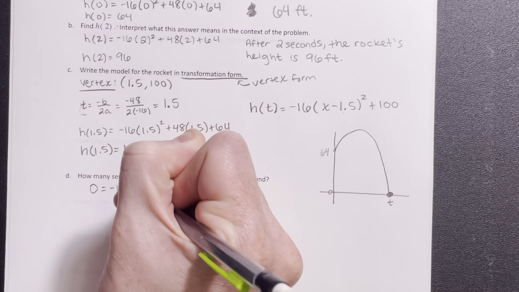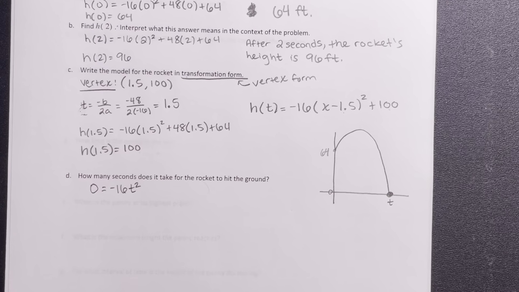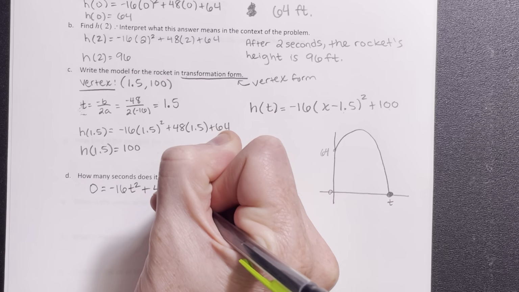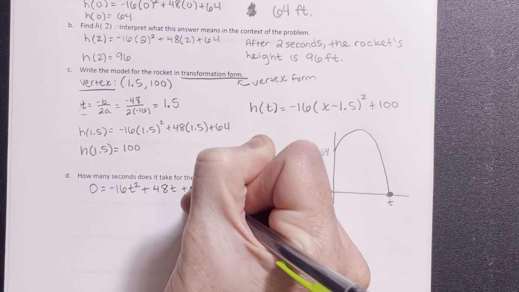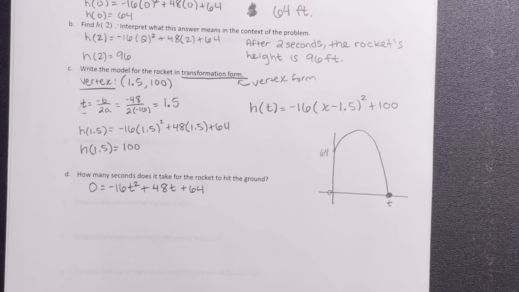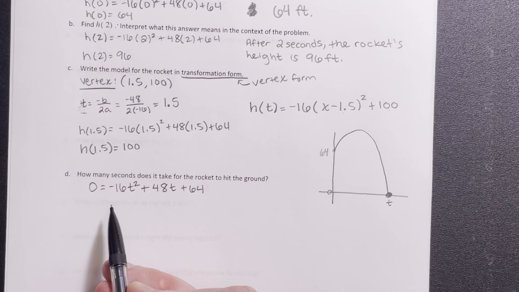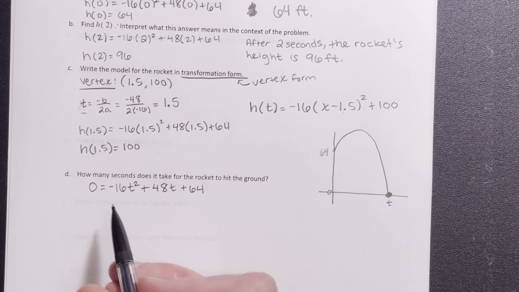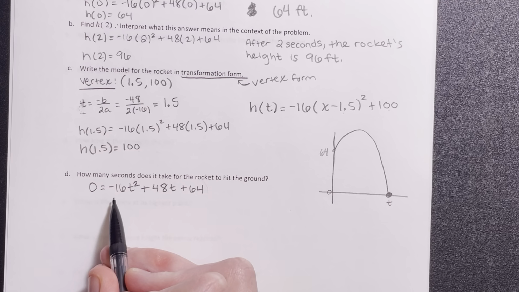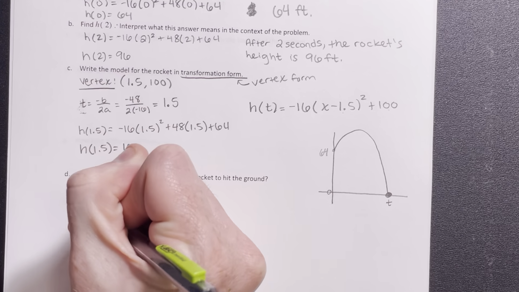This is another way of asking you to find the x-intercepts, but instead of just saying find the x-intercepts, it's asking it in context of hitting the ground. This function, if you can factor it, you can try factoring. You could also use the quadratic formula. One thing I'm going to do is factor out a GCF to make this a little bit easier.